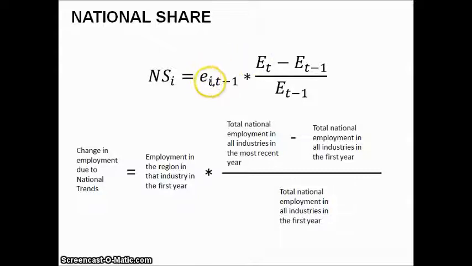And you add the I when you're talking about a particular industry, and the T just tells you the year. So this growth rate here is just a percentage change, very straightforward. It's just total national employment in all industries in the most recent year minus total national employment in all industries in the first year divided by total national employment in all industries in the first year.